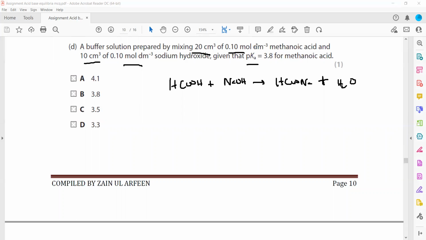So 20 cm cube of 0.1 mole per dm cube methanoic acid will be 20 divided by 1000, which is 0.02, multiplied by 0.1, which makes 0.002.